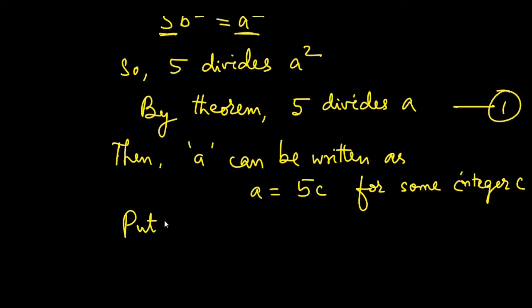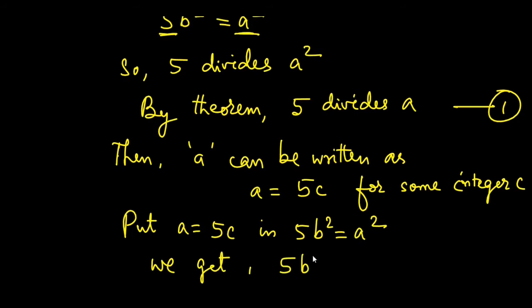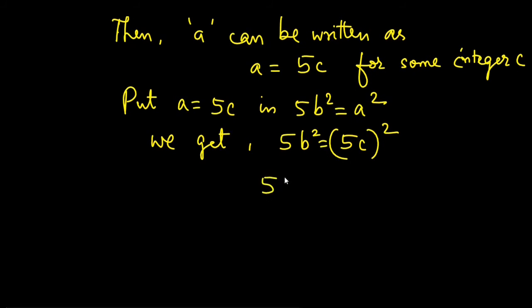Now put a is equal to 5c in 5b square is equal to a square. We get 5b square is equal to 5c whole square. This is 5b square is equal to 25c square.